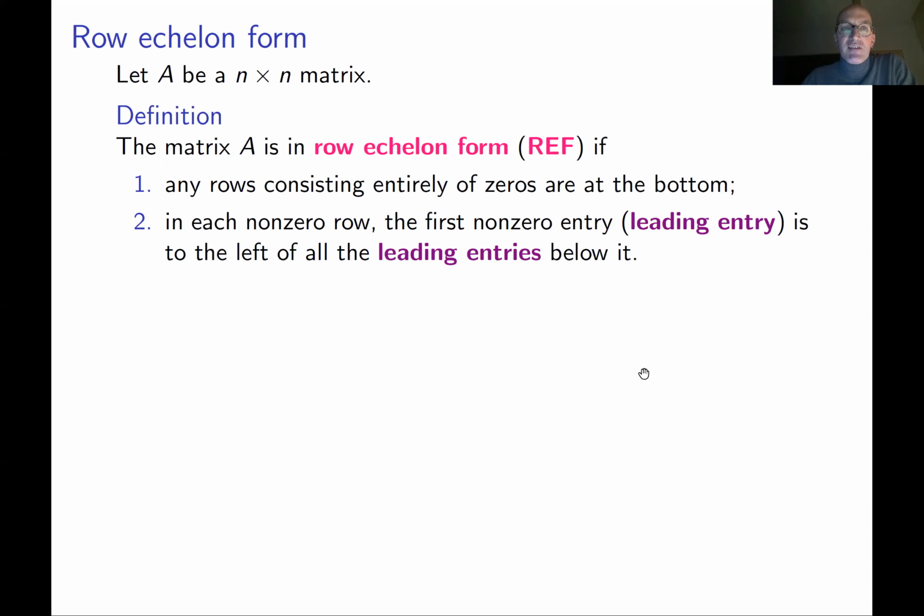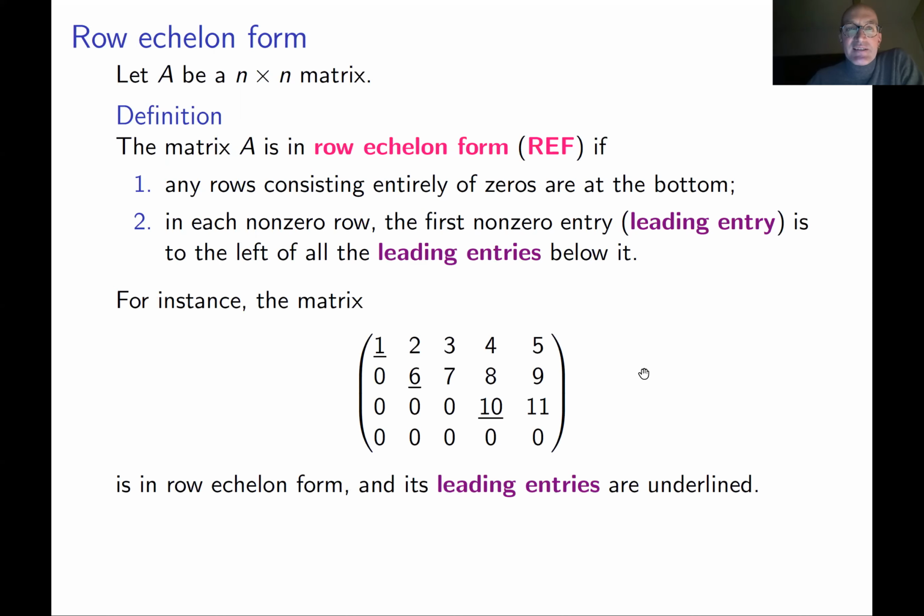Okay, while you're reading this definition, let me give you an example, and let's now read this definition again. We say that the matrix A is in row echelon form if any rows consisting entirely of zeros are at the bottom. Like in the very first examples which we considered, 3 by 3, when we have infinitely many solutions, if you remember, I put my redundant equation 0 equals 0 in the last line.